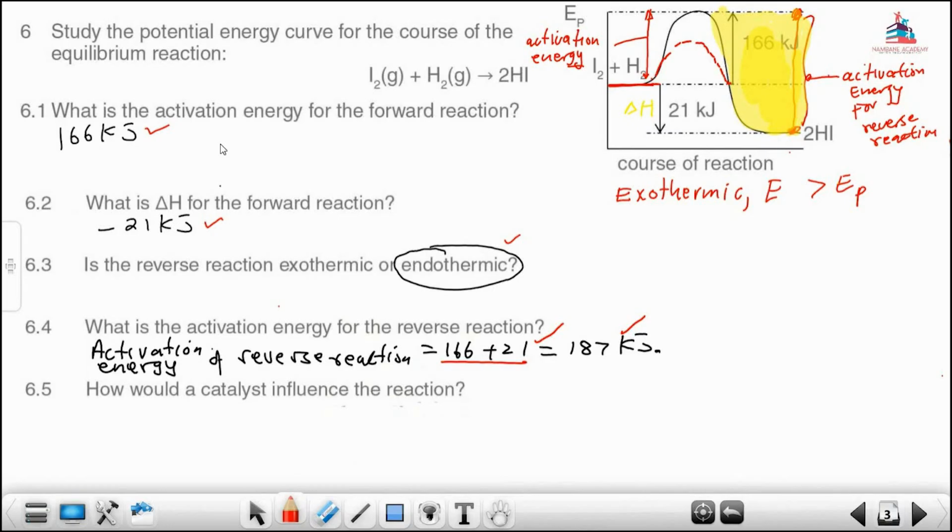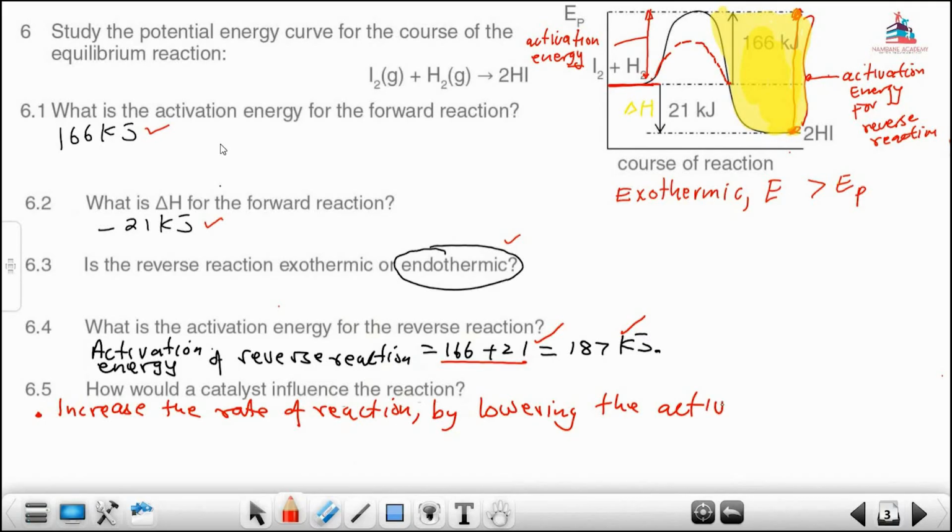Bullet number 1: a catalyst will increase the rate of reaction, comma, by lowering the activation energy.